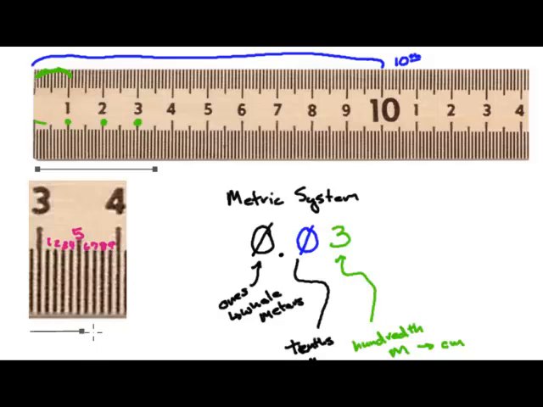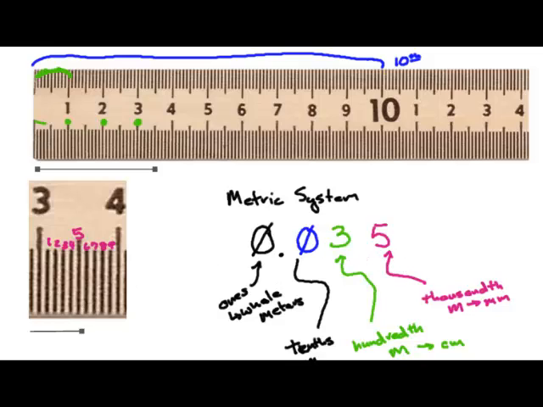Now if I look at the end of my line, I see that it occurs between the 5 and the 6th. And so this goes in my thousandths place. Thousandths of a meter are also known as a millimeter. And at this point, I'm going to put a 5 here.